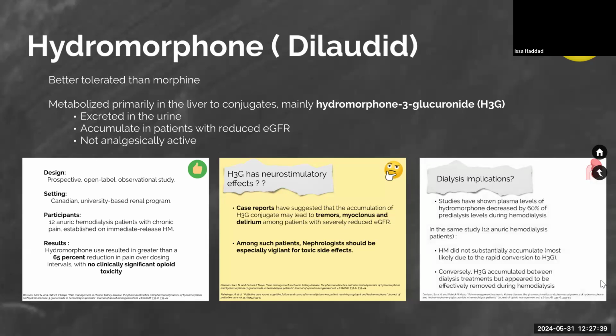And what they found when they looked at hemodialysis patients is that hydromorphone did not substantially accumulate, most likely because it was rapidly metabolized to H3G in the liver. However, conversely, H3G accumulated between dialysis treatments, but as we said, it was biologically inactive, so that didn't cause any problems. And that's why the results said no clinically significant opioid toxicity.